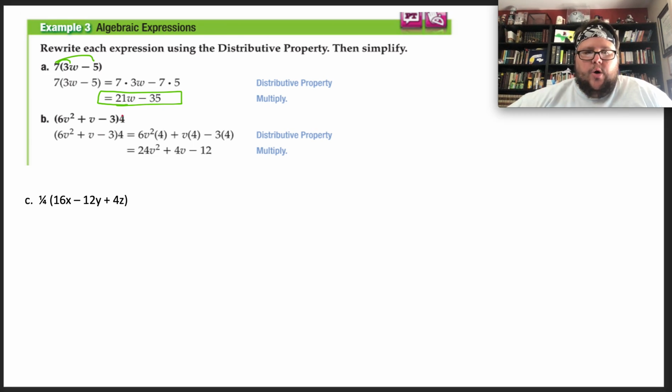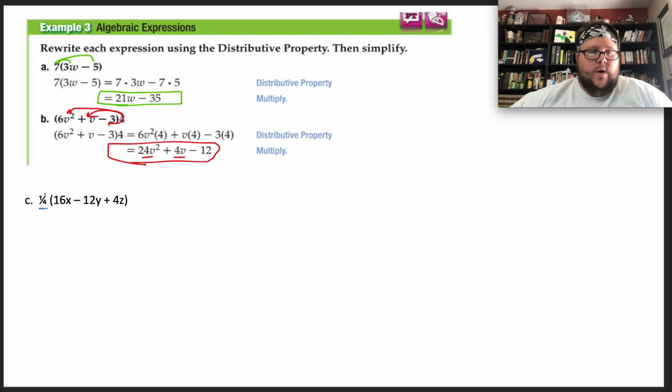And then I'm going backwards here. 4 times 6v squared is 24v squared. 4 times v is plus 4v, and then 4 times negative 3 is minus 12, and so that would be my answer there.